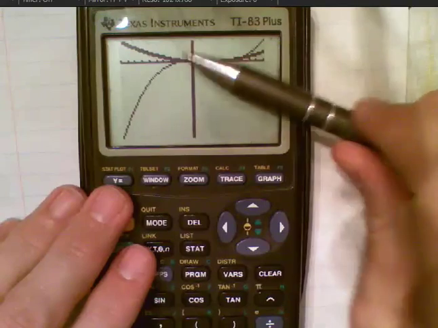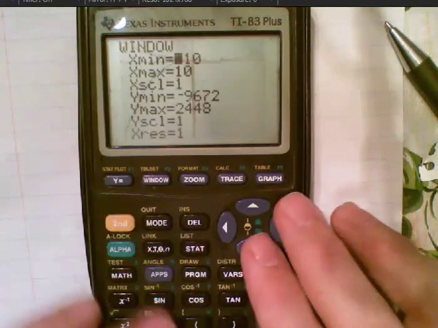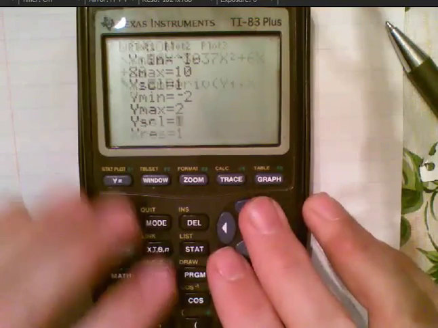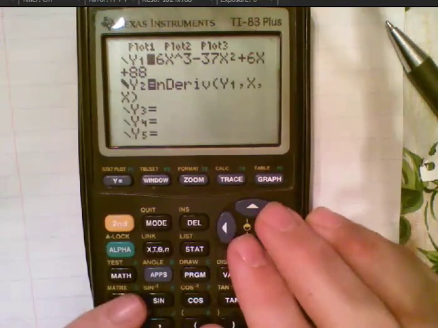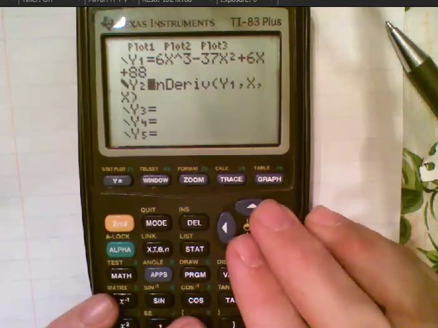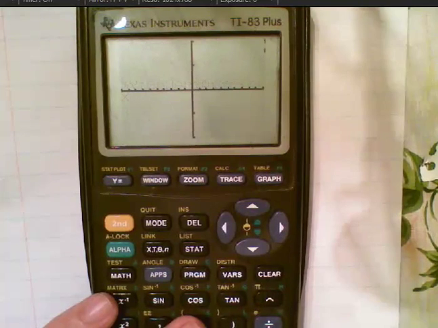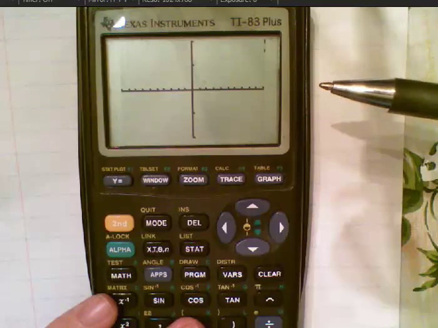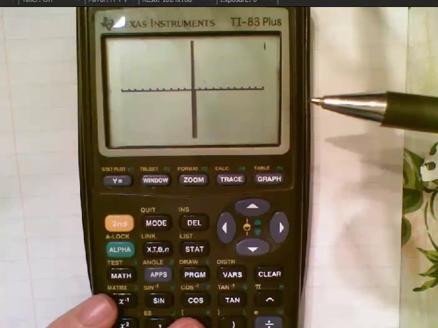Since we really only care where this is crossing, let's change our window to like negative 2 to 2. And let's not even graph the original for a moment. Let's just graph the derivative. Wait for it. There it is.